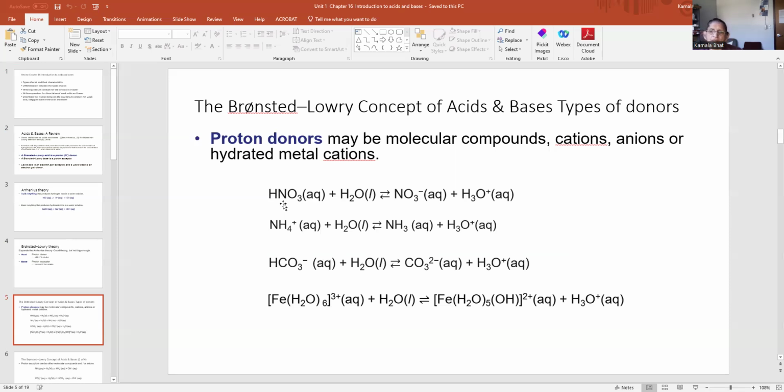Because one of the water molecules donated a proton to form H3O plus, whatever remains behind is the OH minus, and therefore you see how the reaction goes.